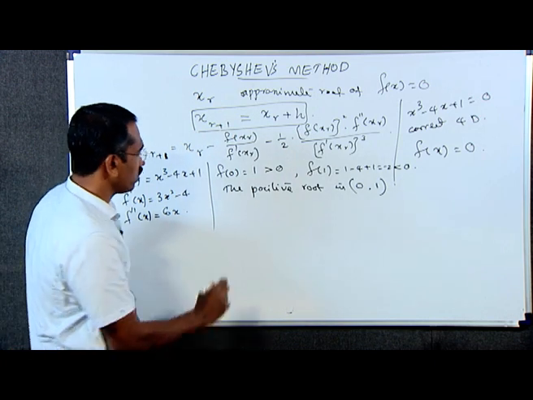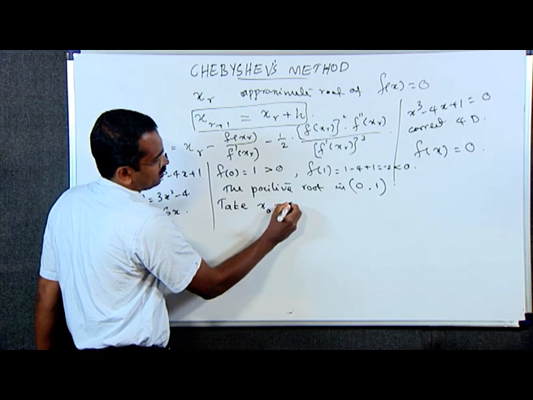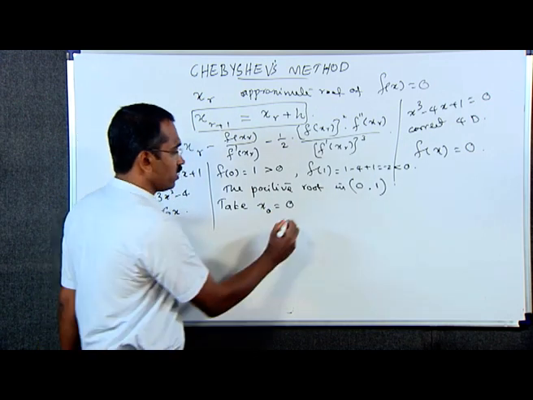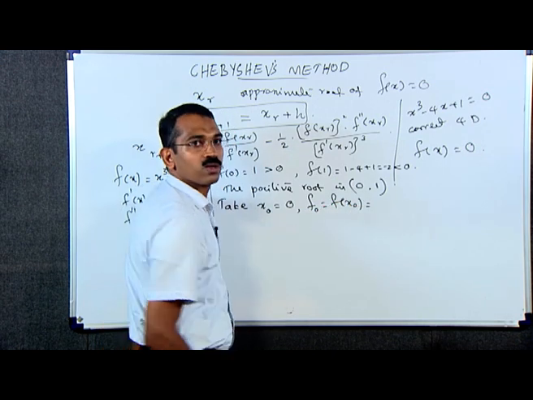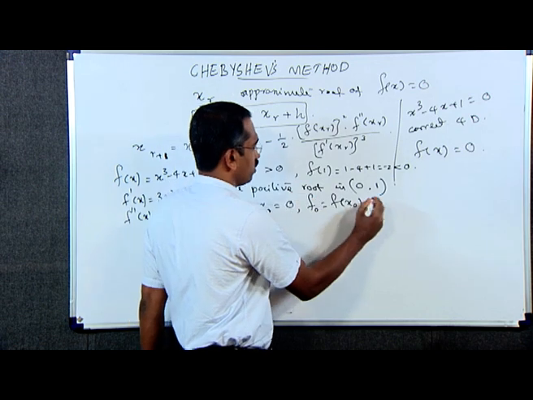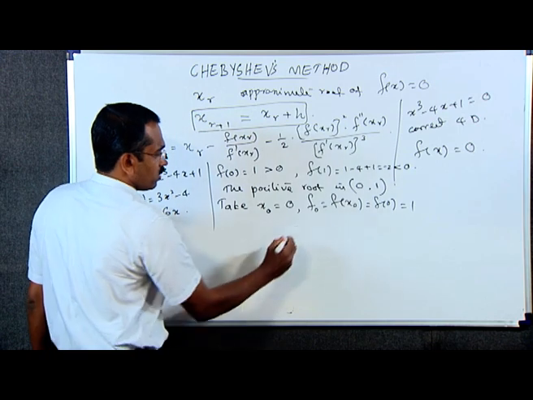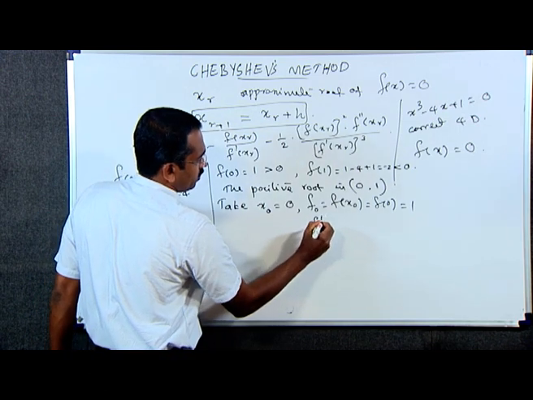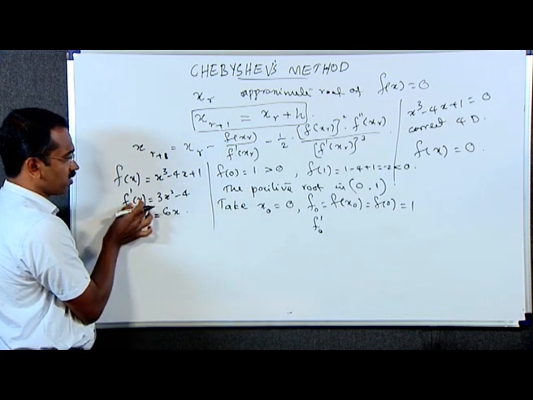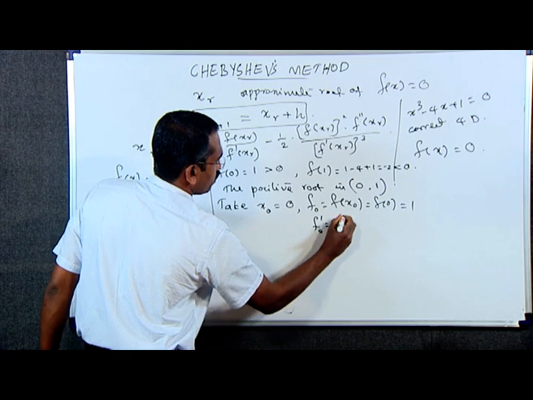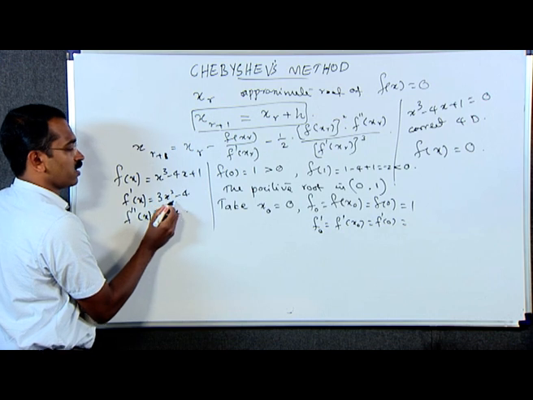Now, taking x naught is equal to 0, we take the initial approximation as 0, then f naught, that means f of x naught, is equal to f(0), which is 1, and f naught dash, that is f' at x naught, which is equal to f'(0), which is equal to minus 4.